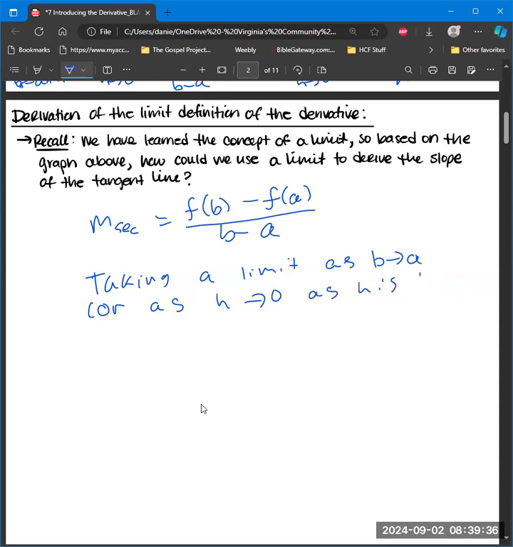H is the distance between x equals a and x equals b, which we know b is going to equal a plus h.